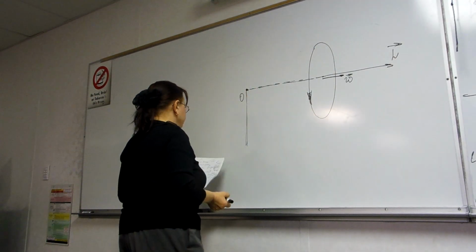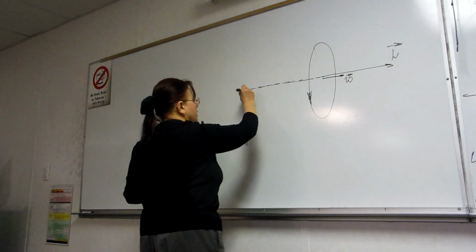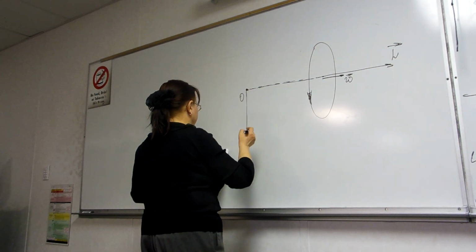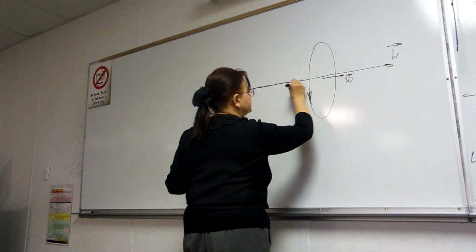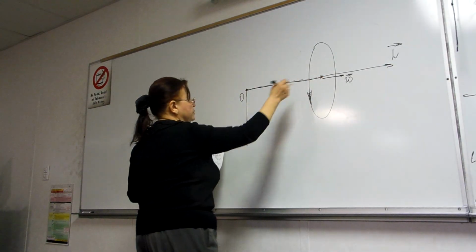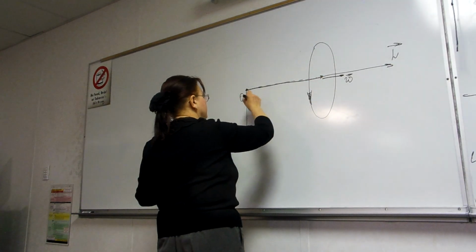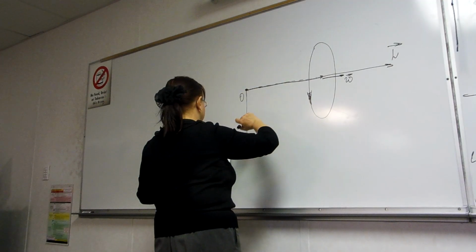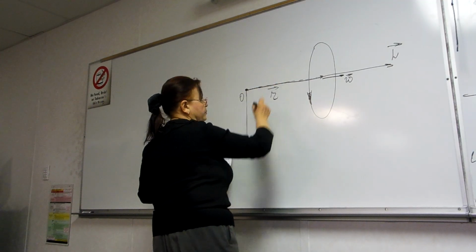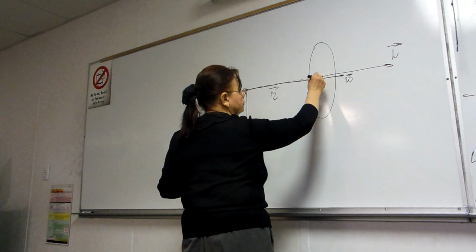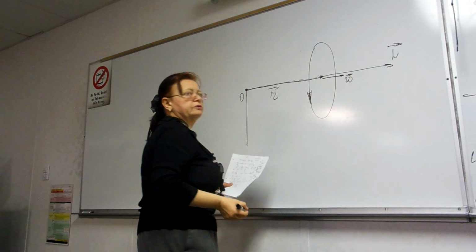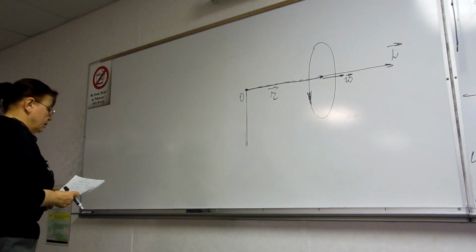Let's show O here. Let's show distance r from that pivot point, position vector, to center of mass of that wheel, which would be center of it.